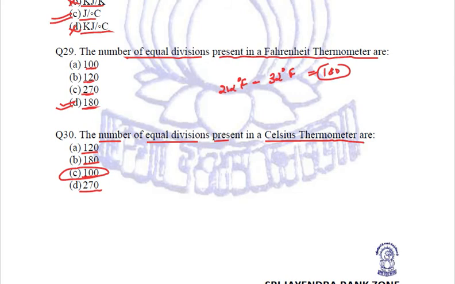Its lower fixed point is 0 degree Celsius and the upper fixed point is 100 degrees Celsius. So the difference comes out to be 100 equal divisions of 1 degree Celsius each. Right? So the answer will be C, 100 divisions.